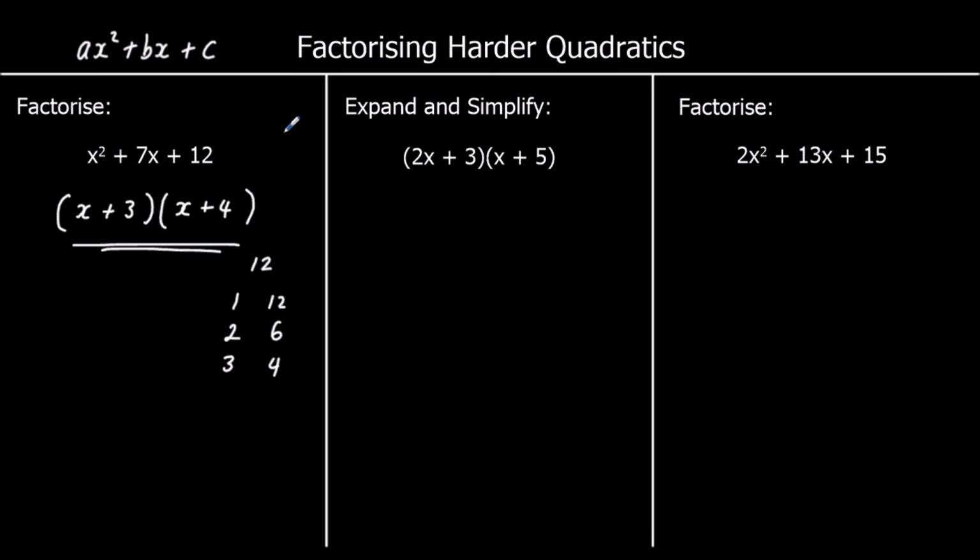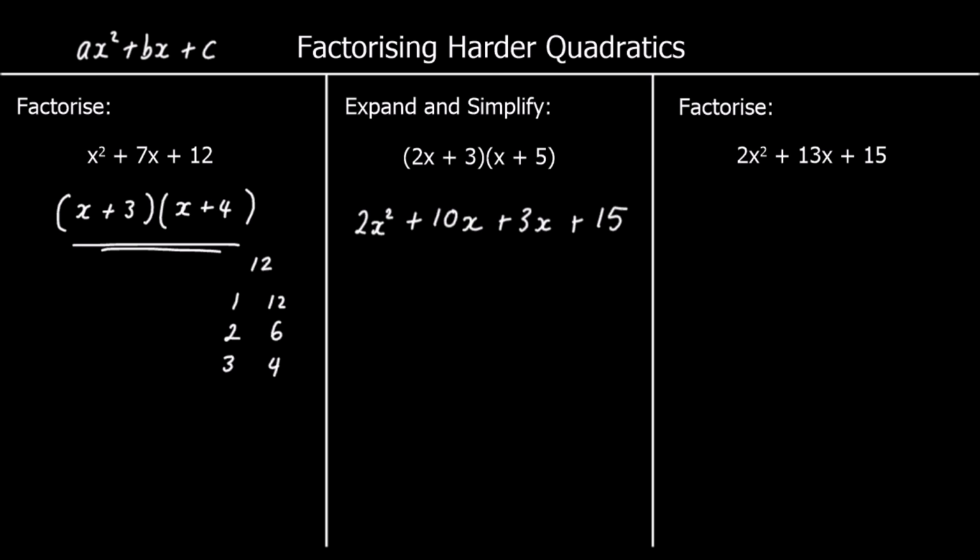Let's look at expanding and simplifying something with an x value greater than 1. To expand and simplify, we multiply both of the terms in the first bracket by both of the terms in the second bracket. So we're going to do 2x times x, which makes 2x squared, 2x times 5, which is 10x, 3 times x, which is 3x, and 3 times 5, which is 15.